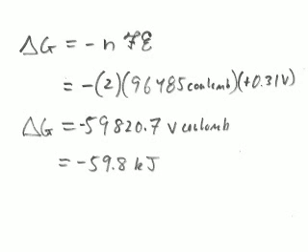So 59,820.7 volt coulombs. A volt coulomb, of course, is 1 joule of work. So the delta G for this cell at this point is minus 59.8 kilojoules. And this is the kind of interrelated question that you're going to face on the AP exam.